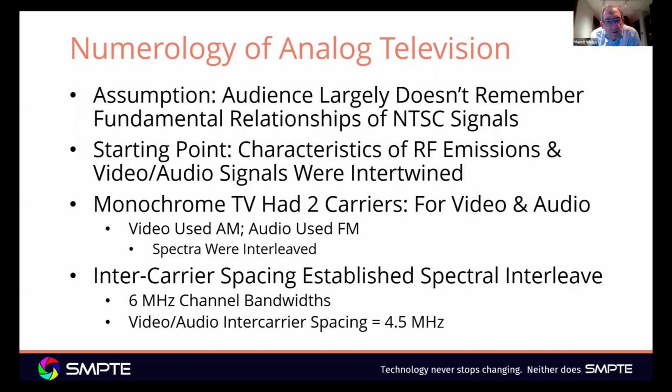So the intercarrier spacing between the visual AM and the oral FM signals was established in the late 1930s and adopted in the first NTSC standard in 1941, using 6 megahertz channel bandwidths and a visual to oral intercarrier spacing of exactly 4.5 megahertz.